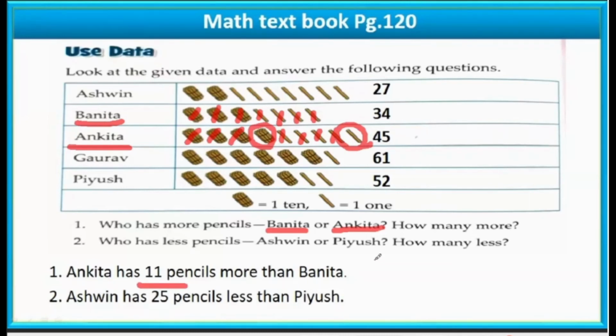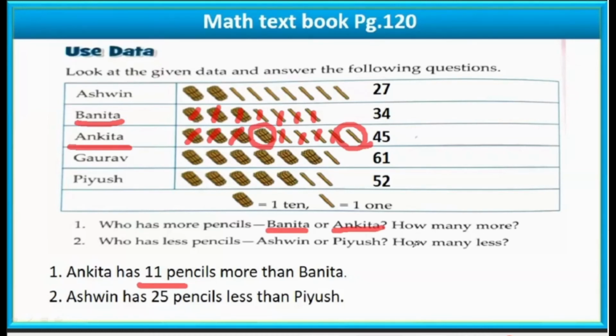So you're going to strike out Banita's number of pencils with Ankita. 3 bundles we will take away and 4 separate pencils. We will strike out and find out the balance. 1 bundle and 1 separate stick, that is 11. So we have got the answer as 11 pencils.